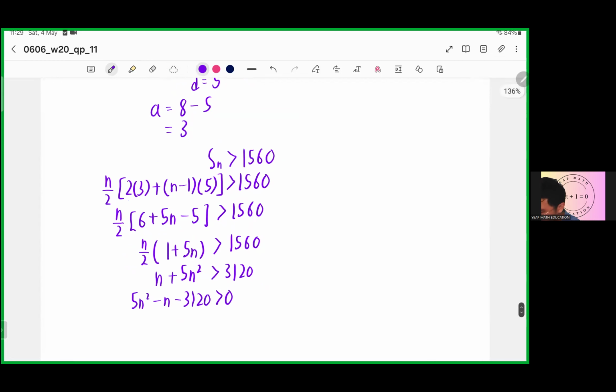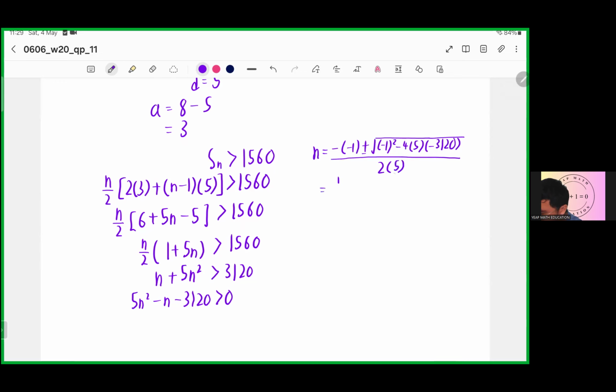Okay, you can find the n roots first. n equals negative 1 plus minus the square root of 1 minus 4 times a, a is 5, times negative 3120, over 2 times a, a is 5.